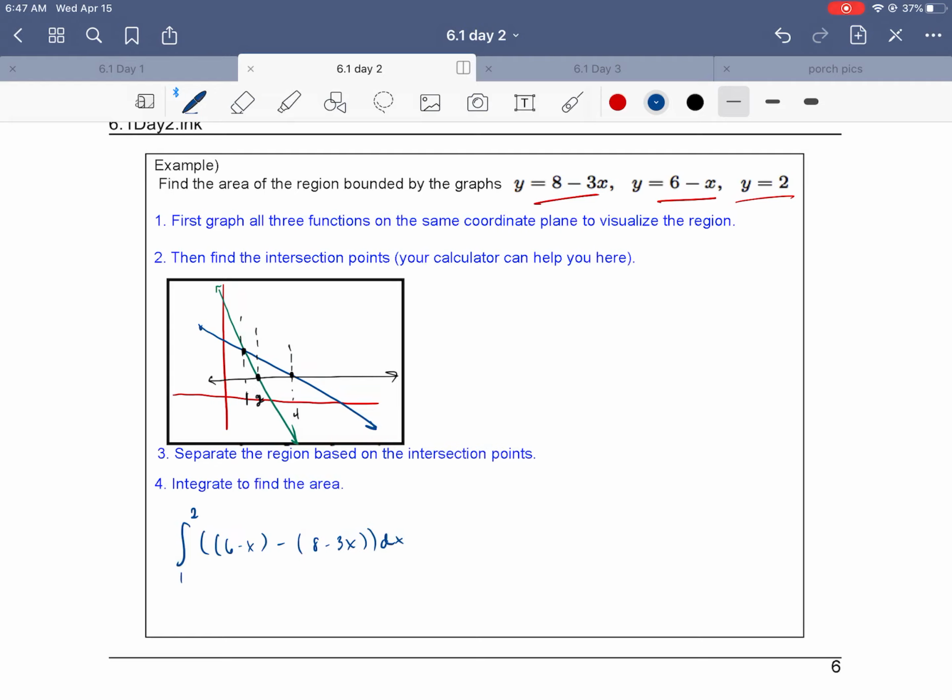And then the second integral is going to go from 2 until 4. And now we have blue above black here. So 6 minus x minus 2.